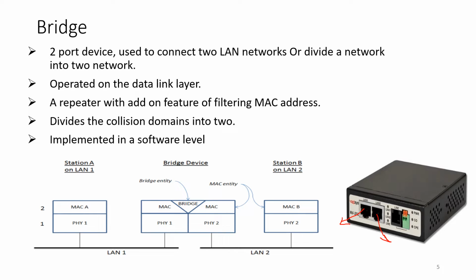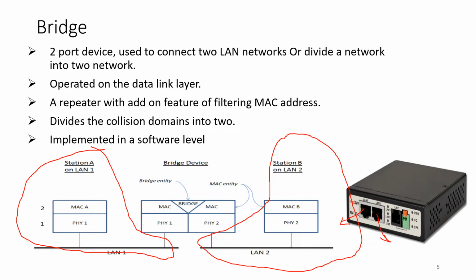Here in the diagram we have one LAN network and another LAN network here. We are showing two nodes with a MAC layer, so it's the data link layer. Just assume that it is one network and here we have one more network.